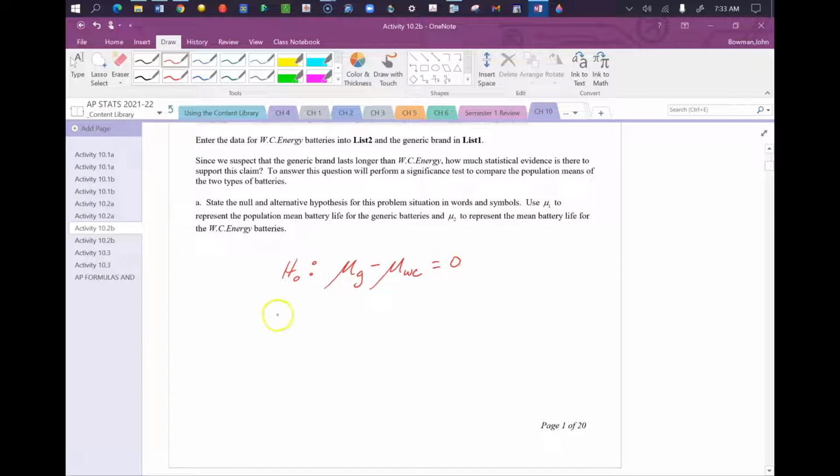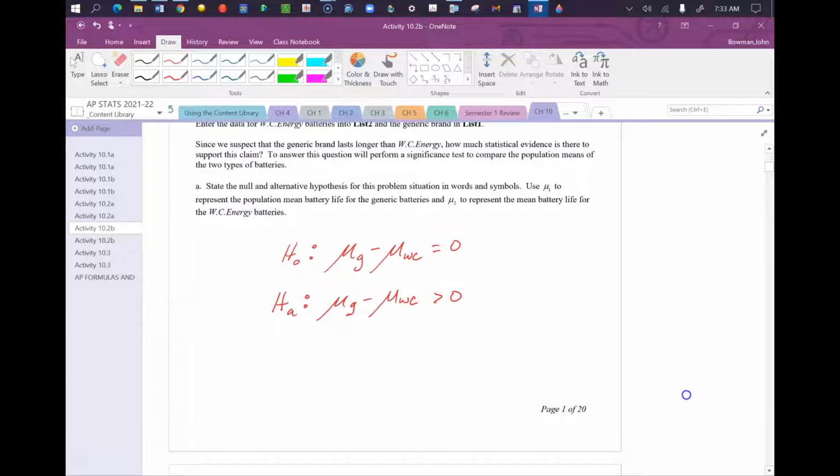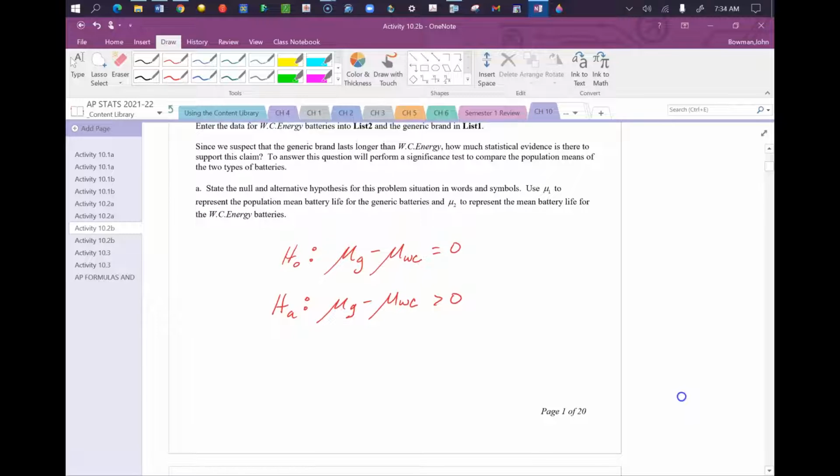In other words, there's no difference, versus the alternative, mu generic minus mu WC energy is greater than 0. In other words, we believe that the average lifetime of the generic batteries exceeds the average lifetime of WC energy batteries.